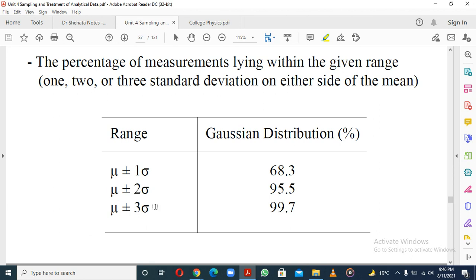And if you've got the population mean plus minus 3 standard deviations, 99.7%. So what this simply means is that the more the deviation from the mean, the more values you are going to have. And let me explain using the diagram.